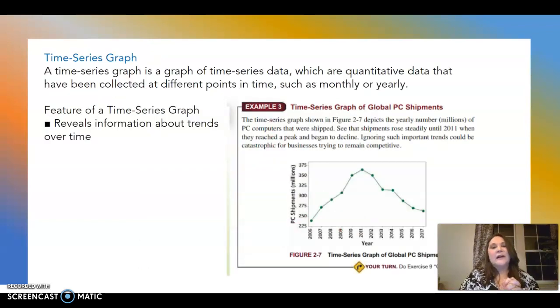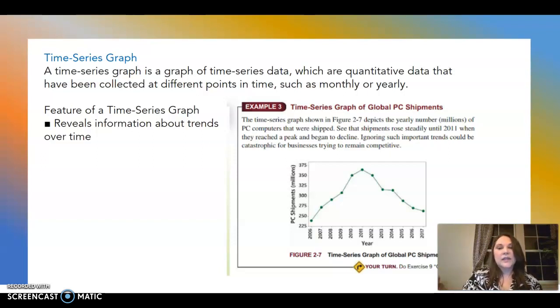A time series graph has its benefits in that it shows a trend over time. So if you've got something that perhaps has seasonal changes, displaying the months of the year or the years as the horizontal axis instead of a number line makes a lot of sense.